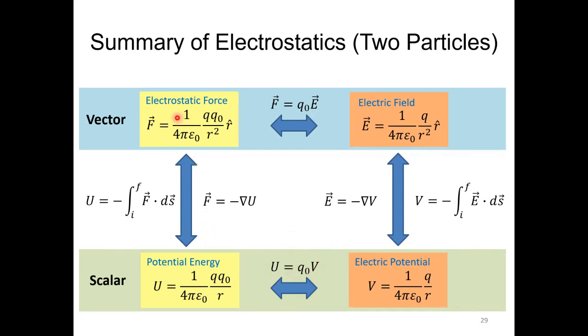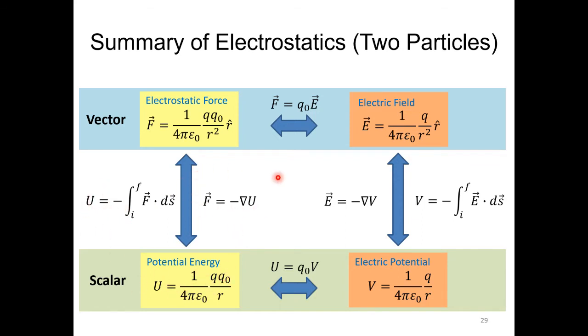And here, the electrostatic force and the potential energy are connected by this line integral. You integrate the electrostatic force over a path, and then you put a minus sign, and it will be the potential energy.